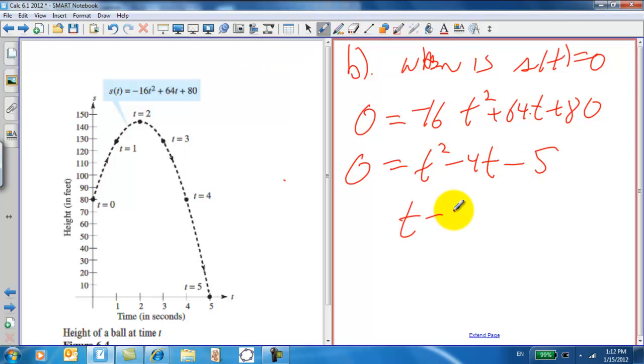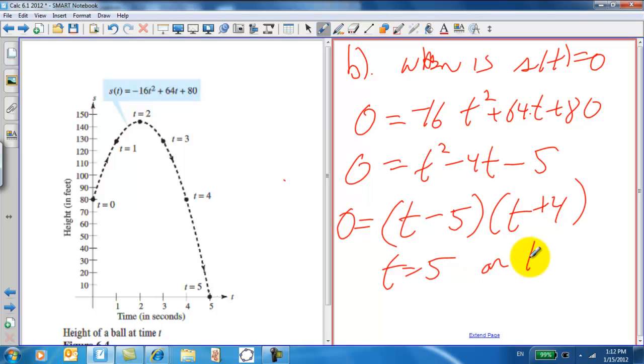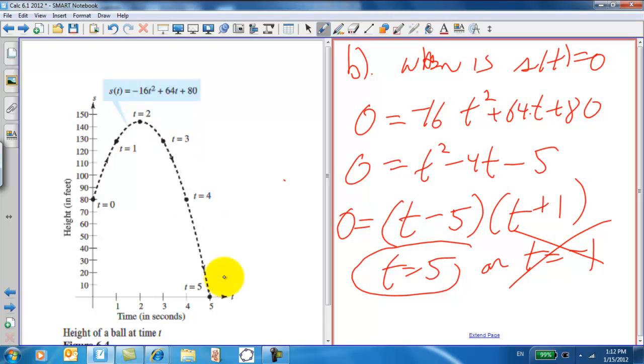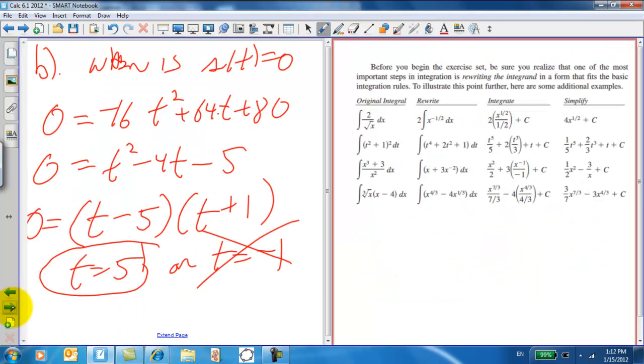So it's t minus 5 times t plus 1 equals 0. So t equals 5 or t equals negative 1. And we don't look at negative time in this particular problem. Just t equals 5 is when it hits the ground.